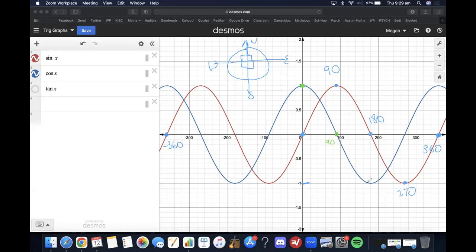Then when we get to 180, we're at -1. Then when we get to 270, we're at 0. Then when we get to 360, we're back at 1. All right, so it's exactly the same. You just shift it forward 90 degrees, right? So we're starting at 1 instead of 0. But apart from that, it's exactly the same. That's the only difference you need to know between them, where it starts. Apart from that, they are the same thing.